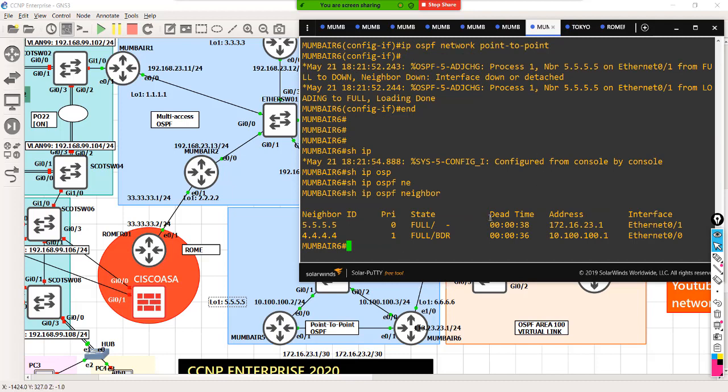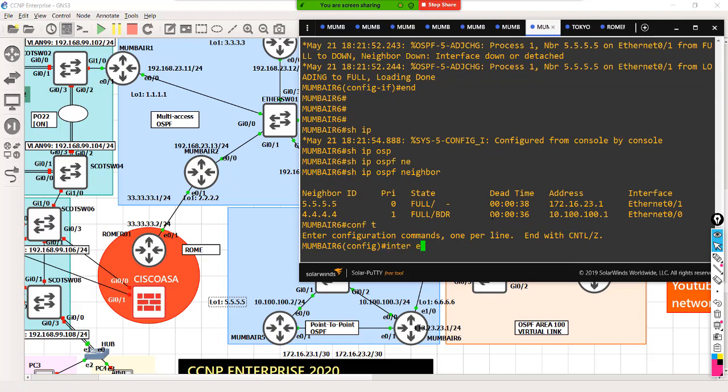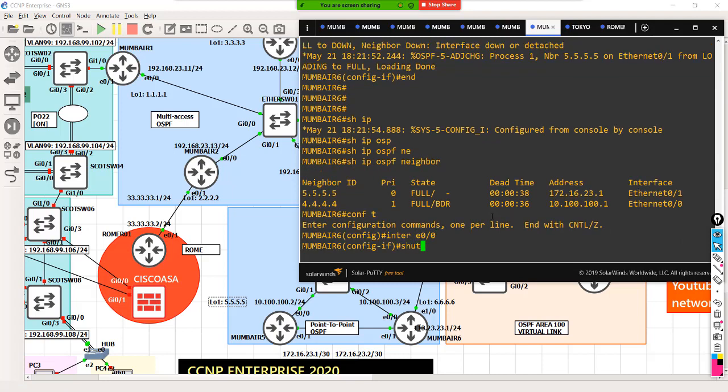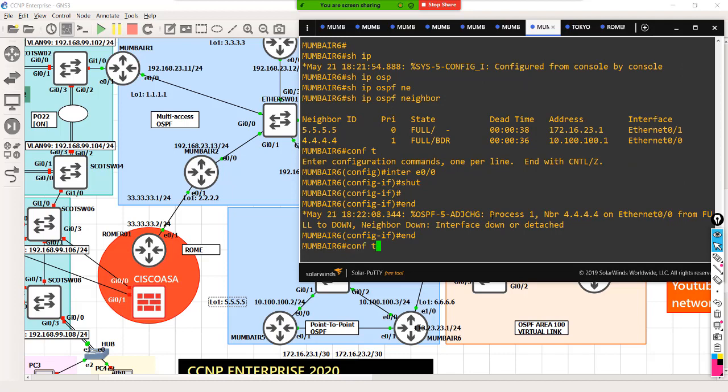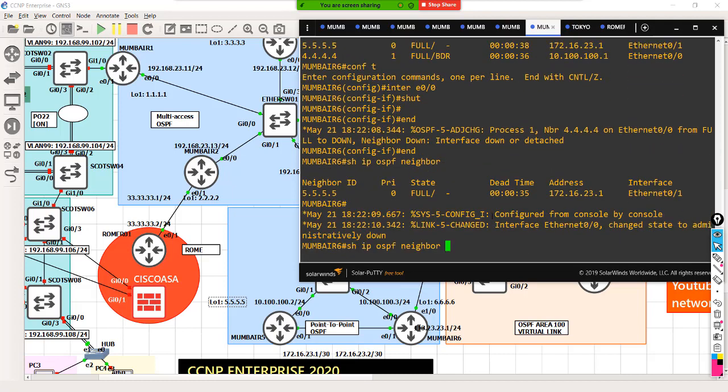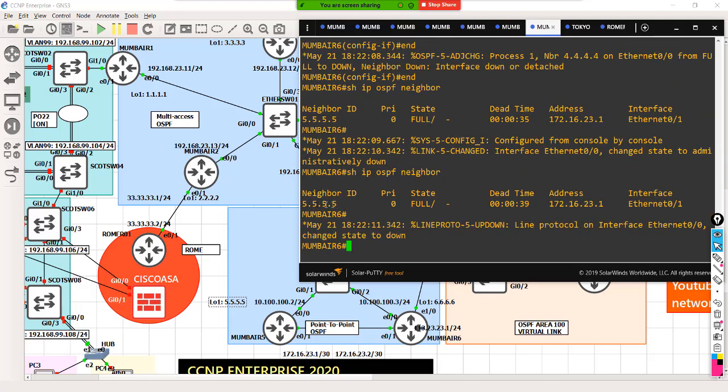Okay, so the reason is they have the other interface up, but yes, I can take it down if they create confusion. So you can see there is only one OSPF neighborship. There is no election, and in the case of point to point and broadcast, they were still forming the neighborship. Okay, fine. So that's proved.